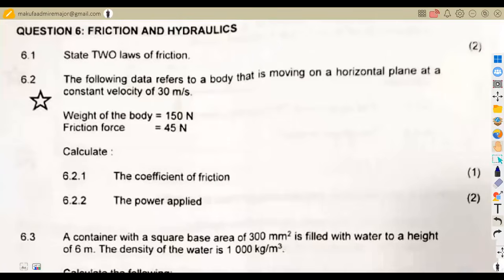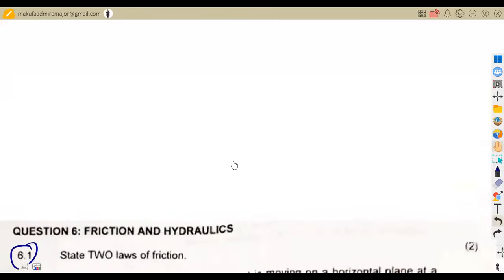Now we have our question number 6, whereby it's on friction and hydraulics. So the first part there, we are just given to state 2 laws of friction. The laws of friction, there are so many that we can consider. So remember, if you are referring to friction, it is proportional to the normal pressure between the 2 surfaces in contact.